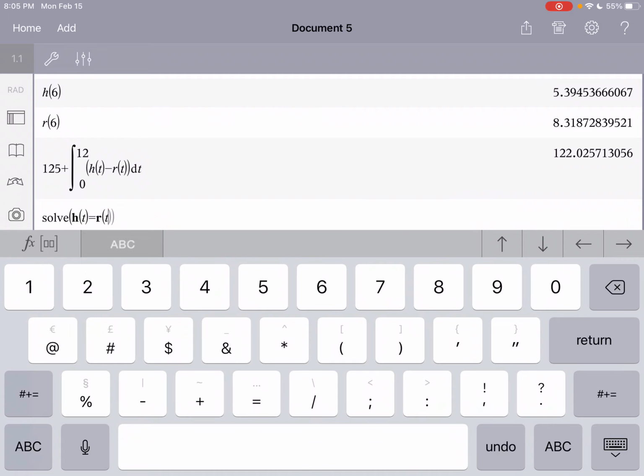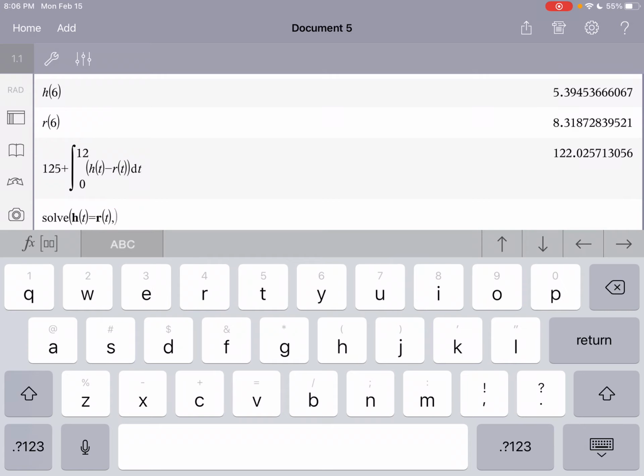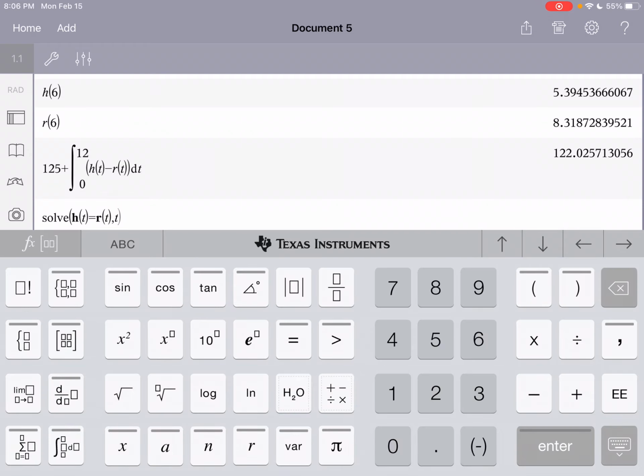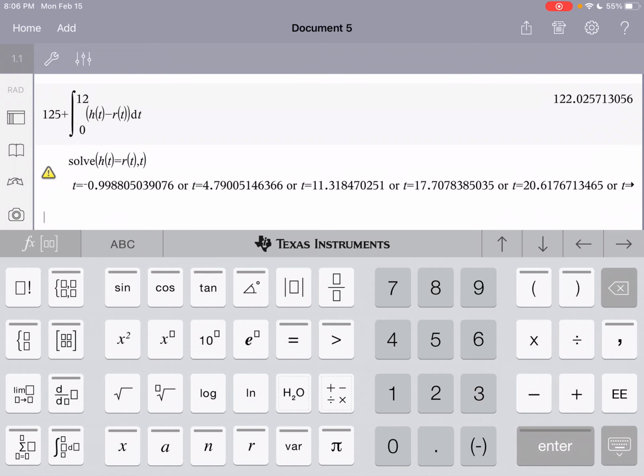Now, everybody forgets this, so remember, you've got to put a comma at the end of that and then tell it what variable you want it to solve for, which for us is obviously going to be t. Okay, and with that in mind, let me ask for an approximate solution right here. Oh boy, and I got a bunch.